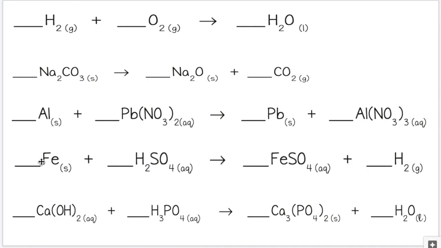For the next one, I have aluminum and Pb(NO3)2, and it yields Al(NO3)3 and Pb. You'll notice that the aluminum and lead switch places. Only one thing switched, so this would be single displacement. For the next one, I have Fe plus H2SO4, and it's going to yield FeSO4 plus H2. My H and my Fe switch in the products, so a single thing switched, which would be single displacement as well. And then this last one, I have Ca(OH)2 plus H3PO4, and that's going to yield Ca3(PO4)2 and water.